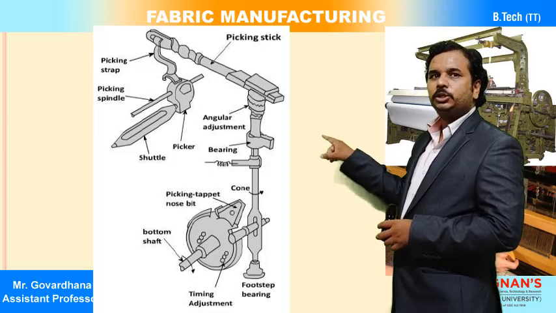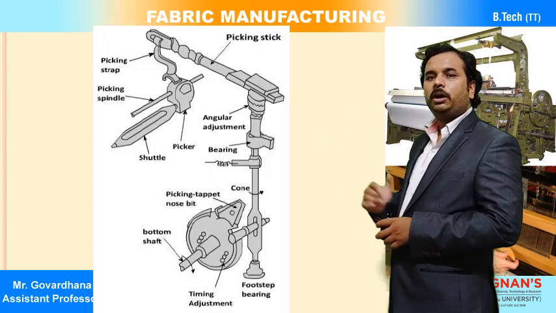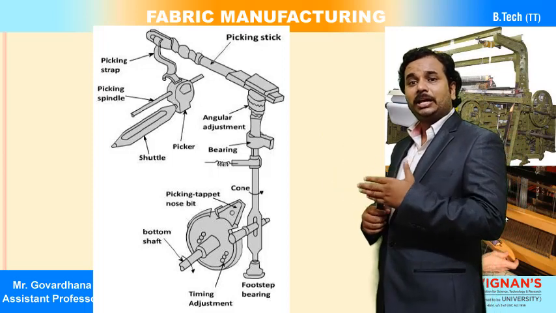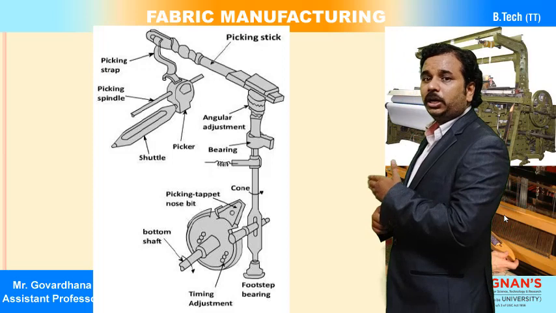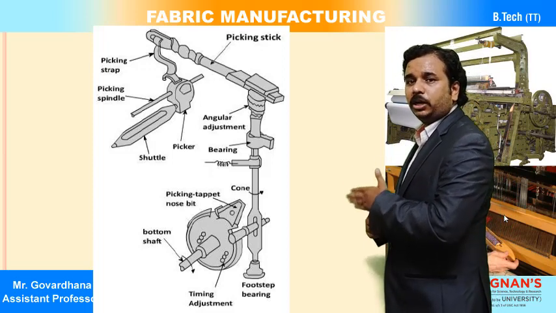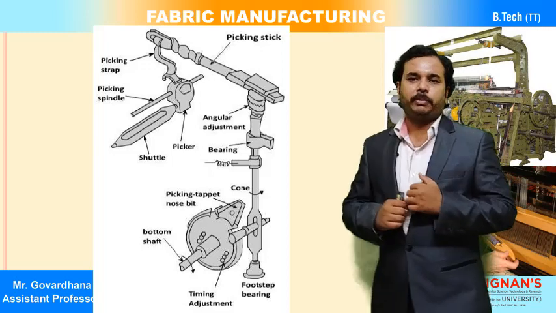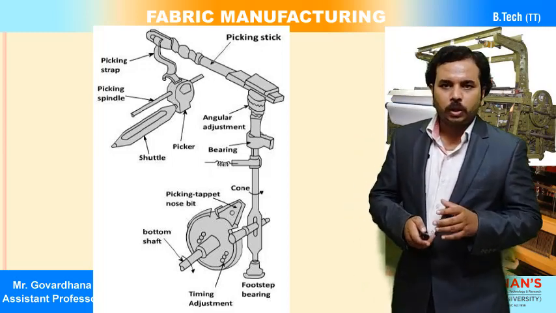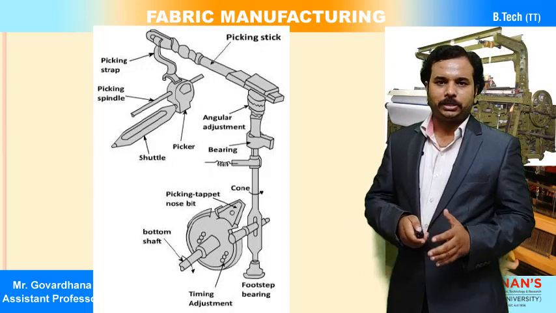So the picker is going to give the energy or motion to the shuttle, so that the shuttle will transfer from one side of the shed to the other side of the shed, nothing but one side of the fabric to the other side of the fabric. So this is how the cone overpick mechanism works.